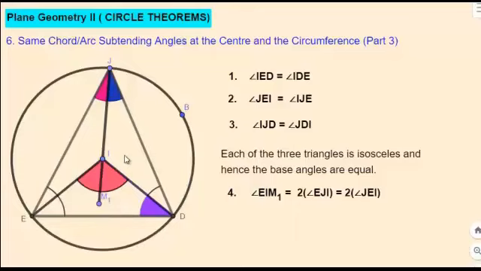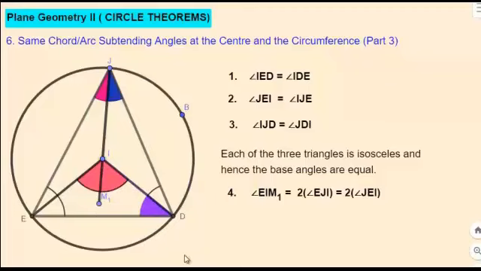When we move to the right side, the line has divided the angles into 2. So when we consider the one at the right hand side, I'm talking of the angle at the circumference, when we multiply that angle by 2, it should give us the angle at the center on the right hand side, that is DIM1.